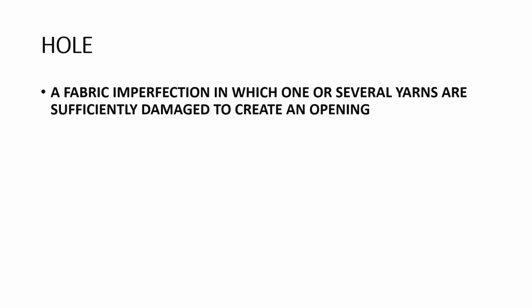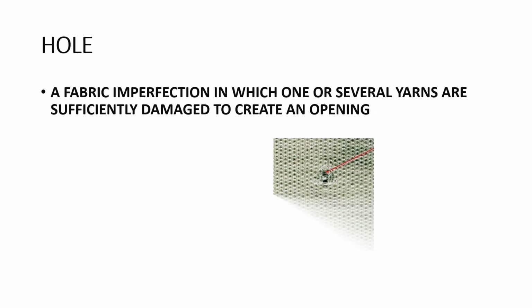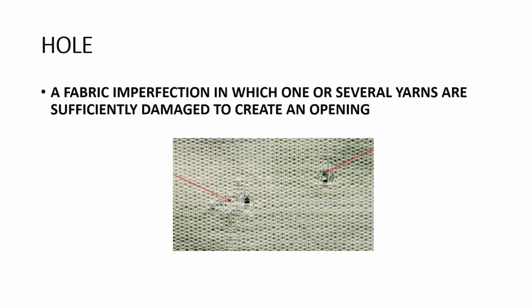Hole in the fabric is also a very common problem. This kind of fault really occurs when yarns are getting damaged, and due to certain other reasons this can also occur, and the ultimate appearance of the material will be in the form of a hole.